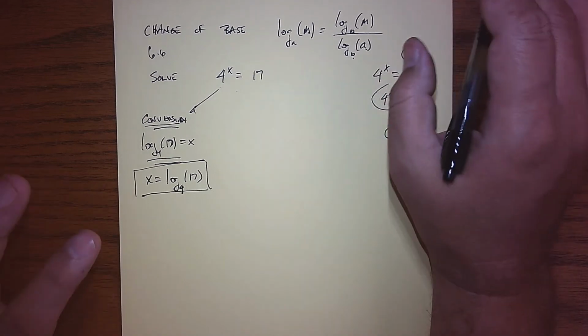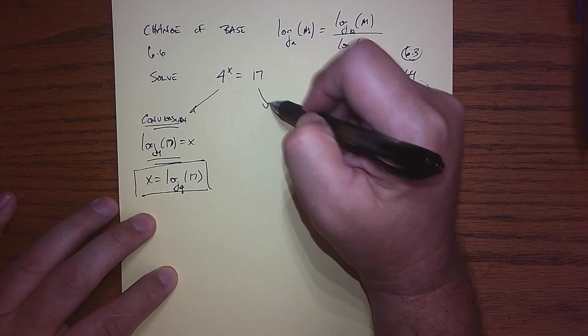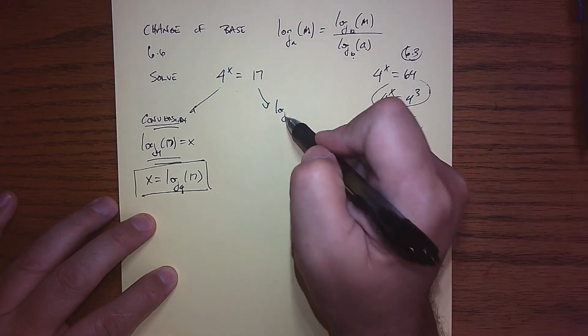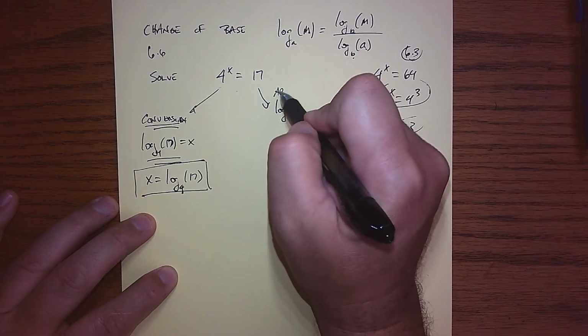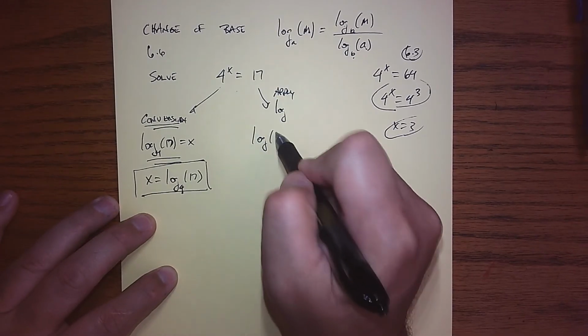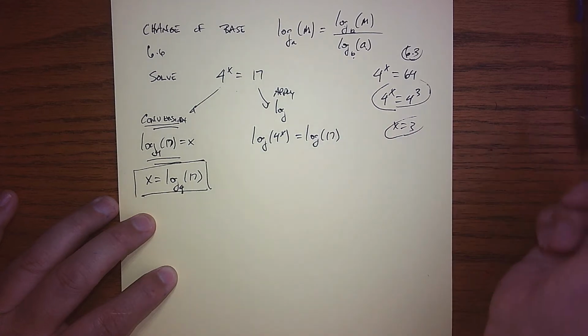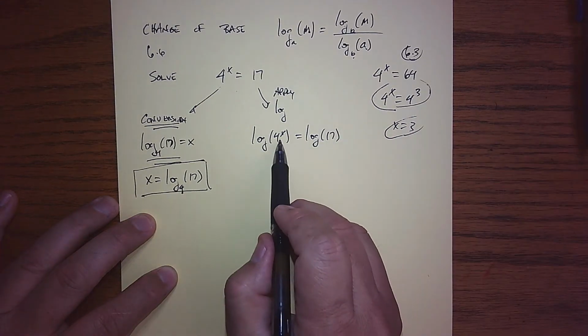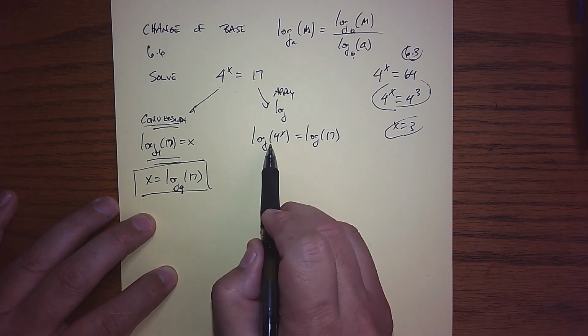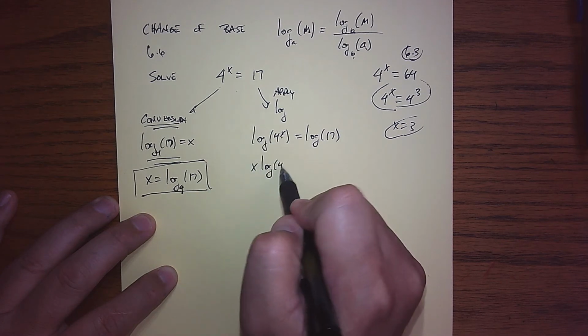We've just used it in the past, but I'm actually going to prove it now. If we apply a log to this, log base 10, look what happens. If I apply log, I get log of 4^x on this side and log of 17 on that side. Now we've got our exponent rule of logarithms, so that x we can move out front.